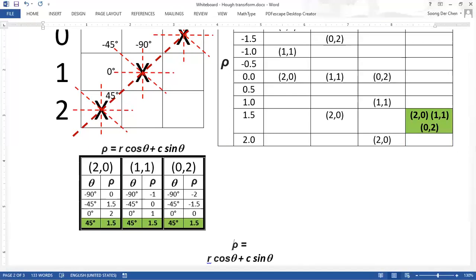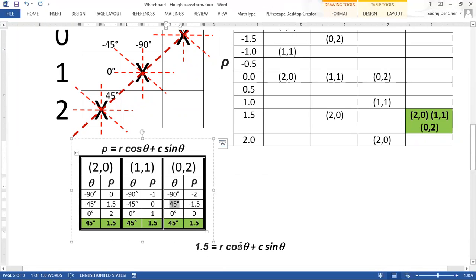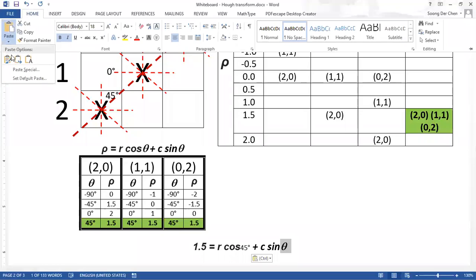So the final answer is, you just need to replace the rho with 1.5 and then theta with, what's the angle? 45 degree, yeah? Yes. So this is the equation that passed through the 3 edge points.